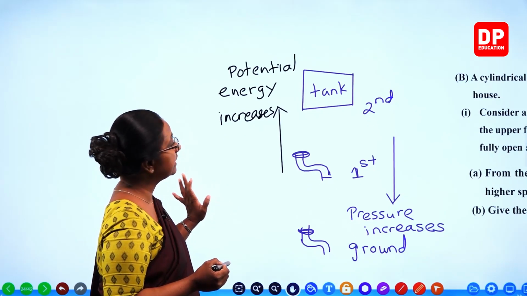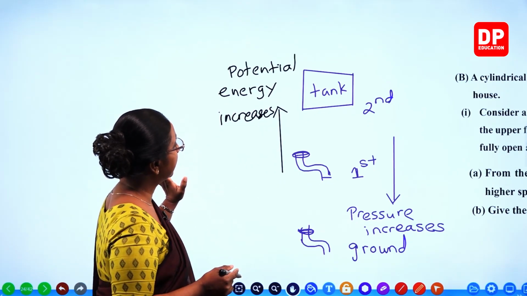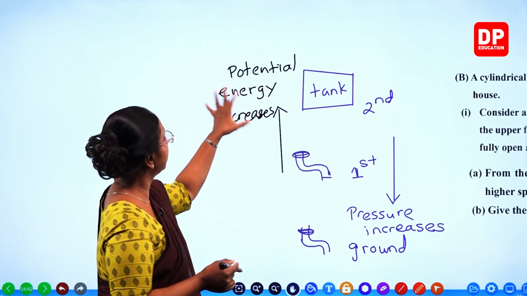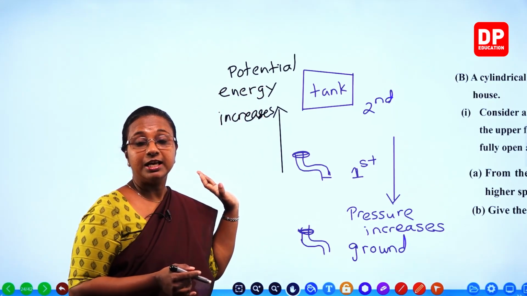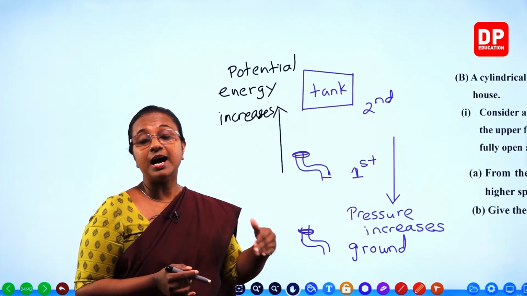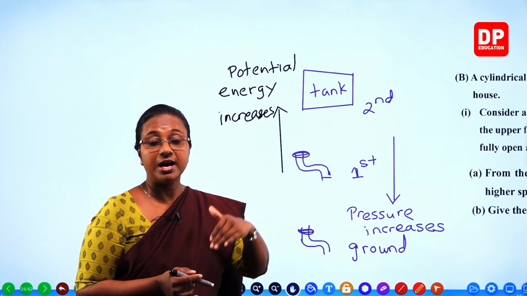You all can understand the concept. Normally when we have the tank up, one thing, at the higher elevation, potential energy of the water is high. So there also it's easy for the water to flow down with a higher force, higher energy or higher pressure.